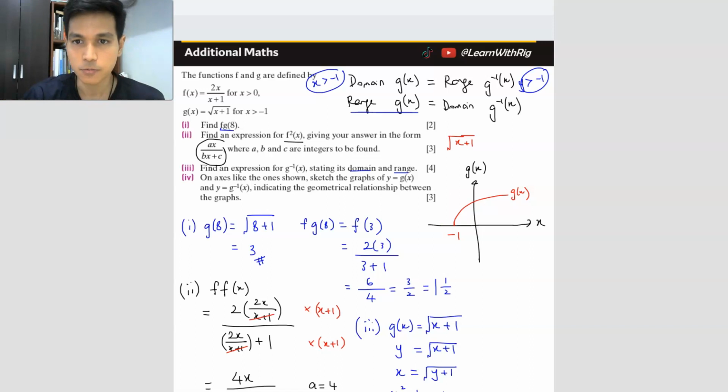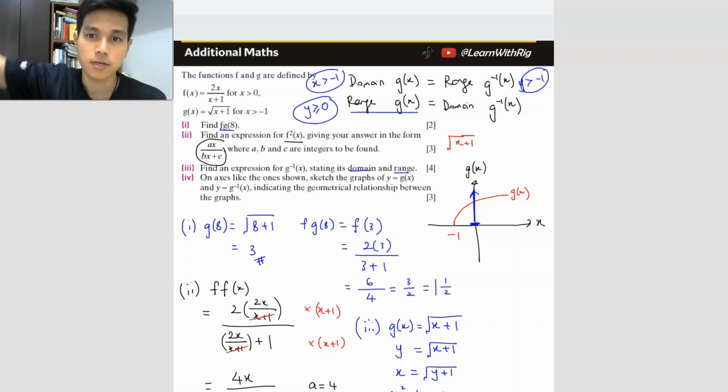So the range is y more than or equal to 0, because it starts from the origin here and goes all the way up. If you allow the graph to go on, it goes on forever. So the range of the forward function is y more than or equal to 0.